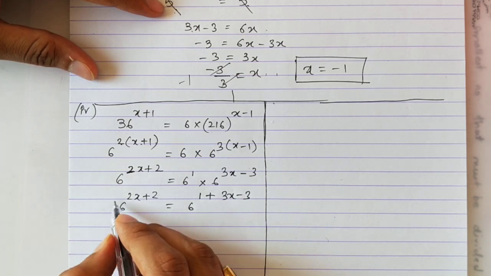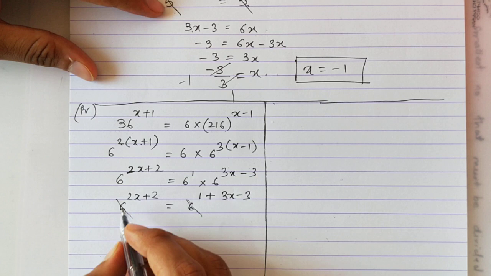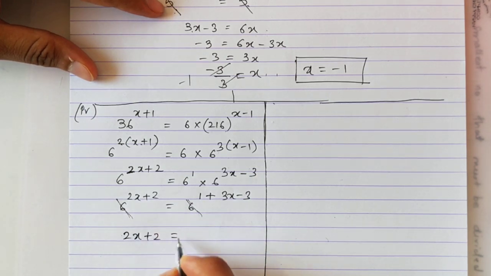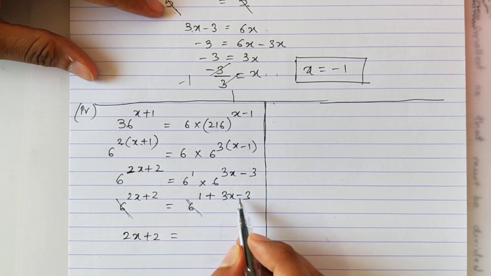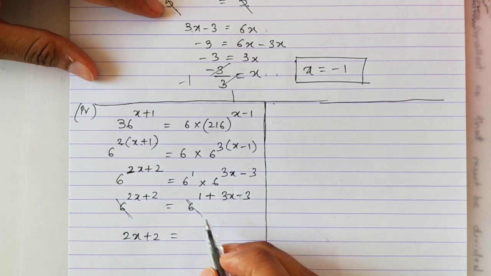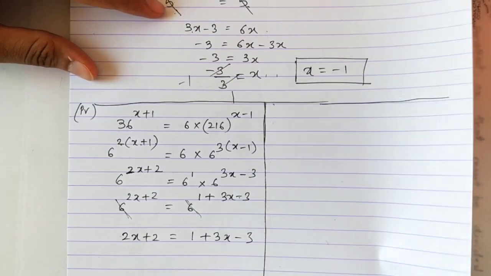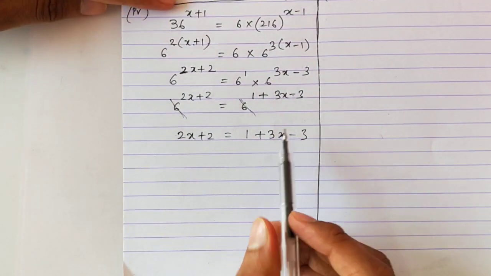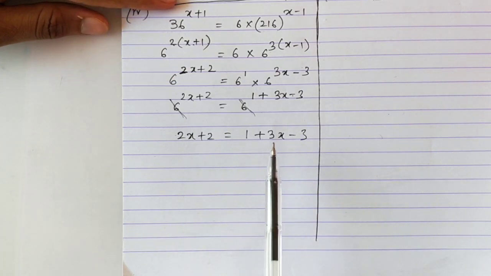Now we can cancel the 6 and 6 on both sides. I will get 2x plus 2 is equal to 1 plus 3x minus 3. Now let's simplify this. I'll bring the numbers on one side and variables on one side.